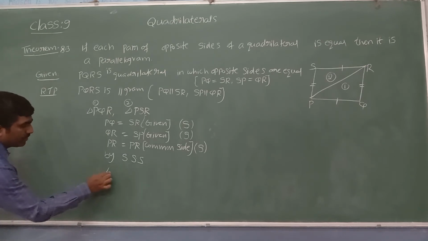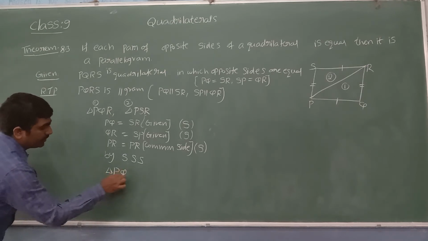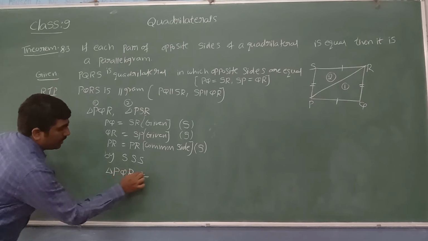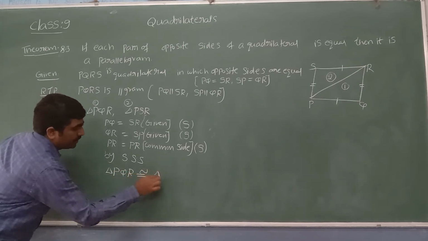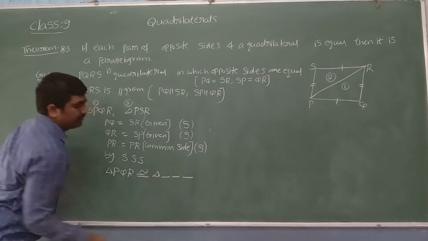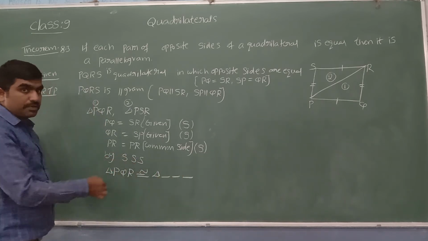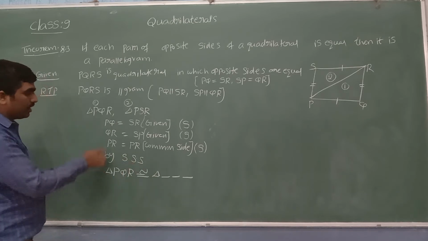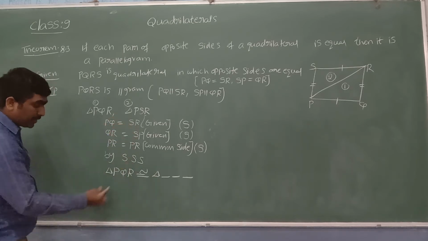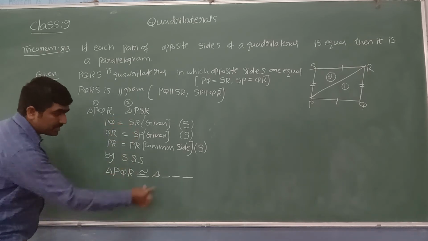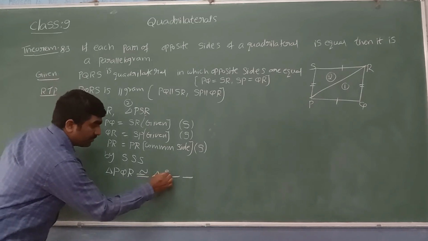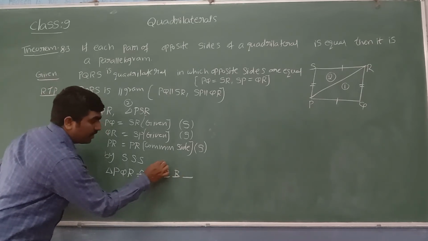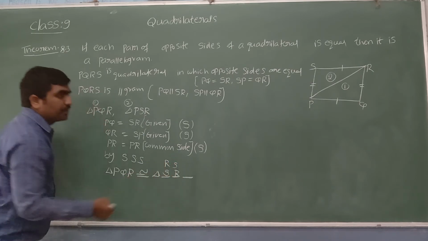Let us write the symbolic form. Triangle PQR is congruent to triangle... Now write the equal angles in equal places. There are no angles, we have sides. PQ is equal to SR. PQ first two, SR also first two. To get SR first two, we can write SR or RS also. Why?